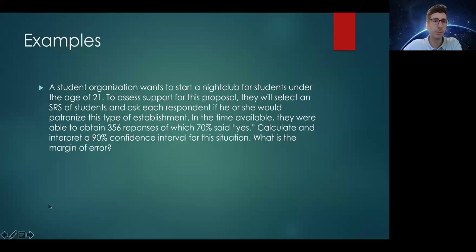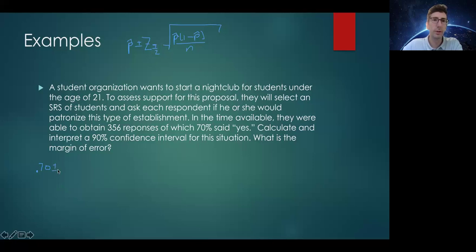So we'll go back to the example. And now we can just plug everything into our formula, which was p hat plus or minus z alpha over 2 times the square root of p hat times 1 minus p hat divided by n. We know our p hat is 0.70.